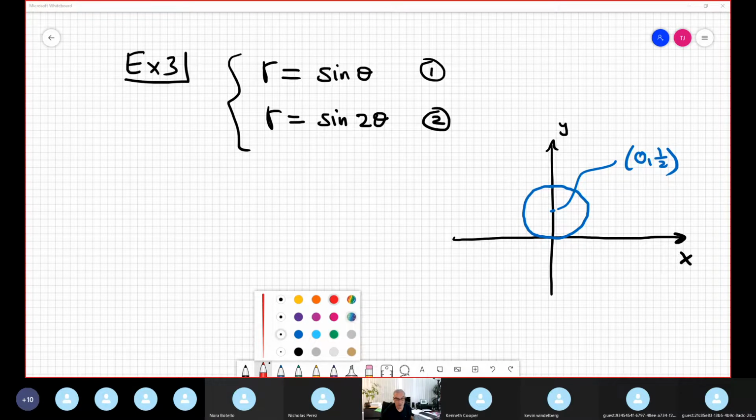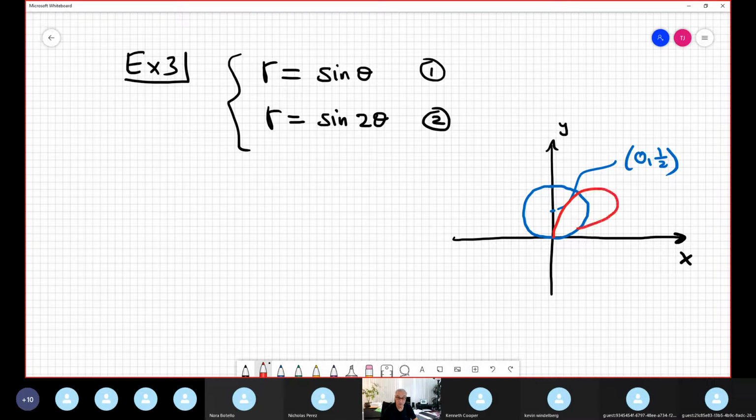No, 4 petals. When the number inside is even, right? Exactly. So we have 1, 2, 3, and 4 petals.